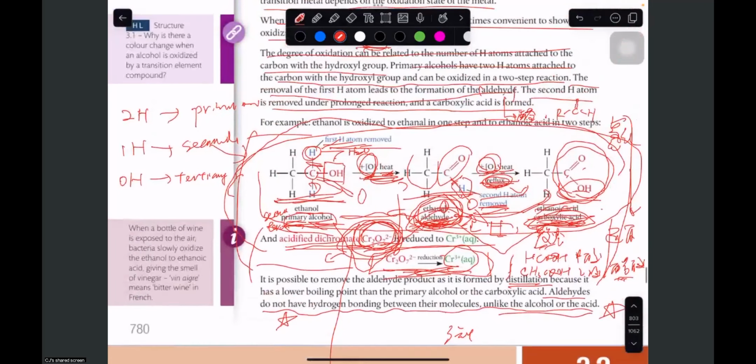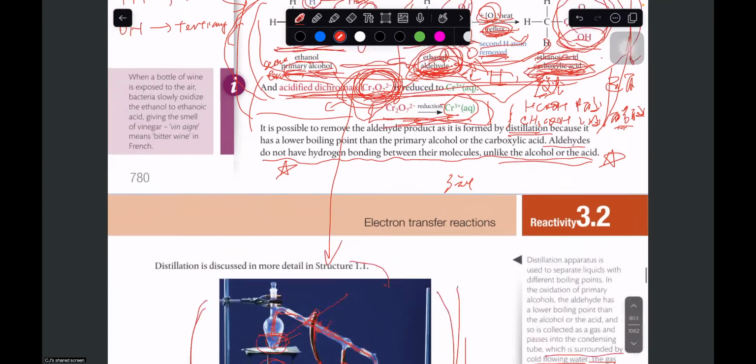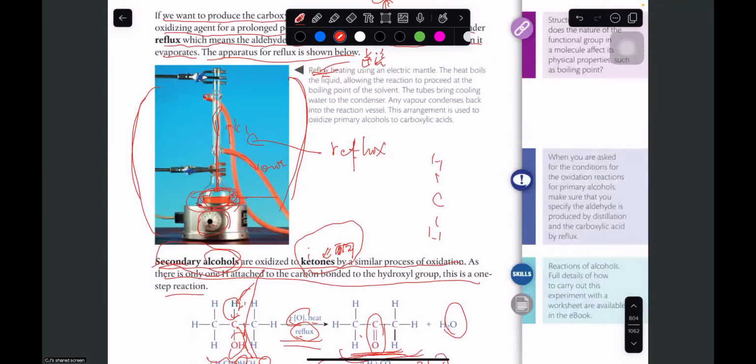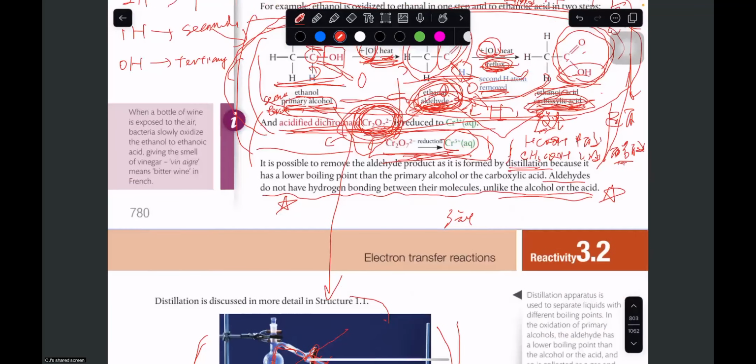Okay, do you have any questions about this first type's oxidation? For the second step, the oxygen is added to the hydrogen. Not the oxygen, just this one, Cr2O7. It is actually a solution. It is mixed with the aldehyde. Actually, it is a liquid, a mixture of the aldehyde and the Cr2O7.